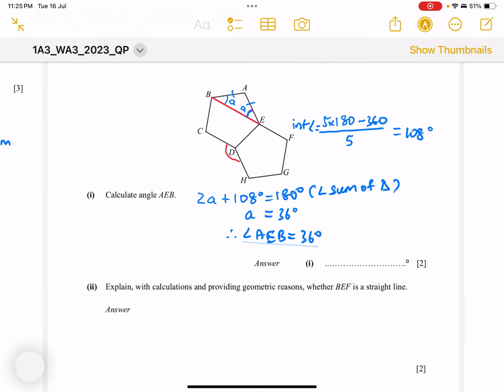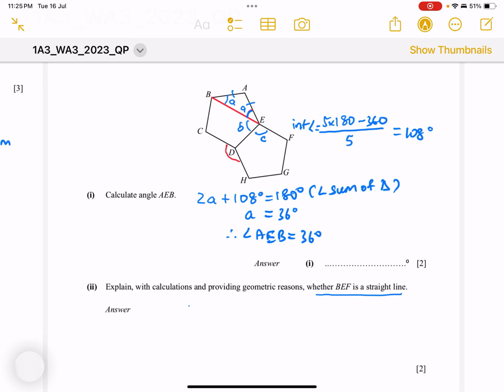Now we have to explain whether BEF is a straight line. In order to do that, we need to show that the two angles here, let's call them B and C, will add up to 180 degrees. So let us find B first.